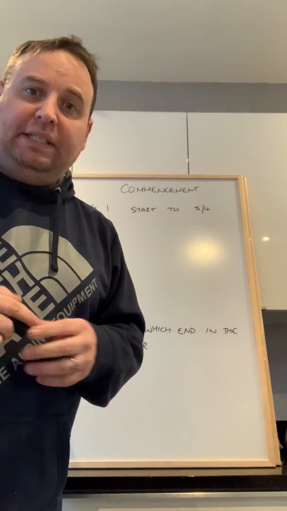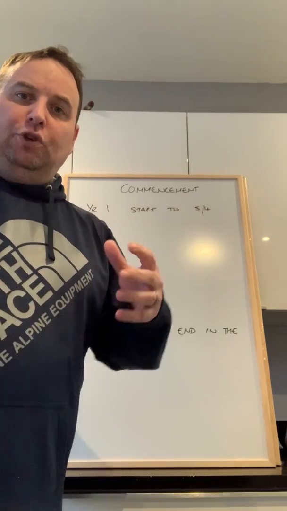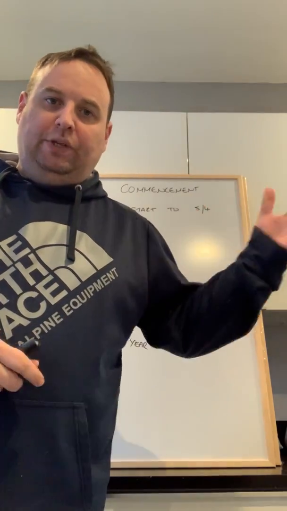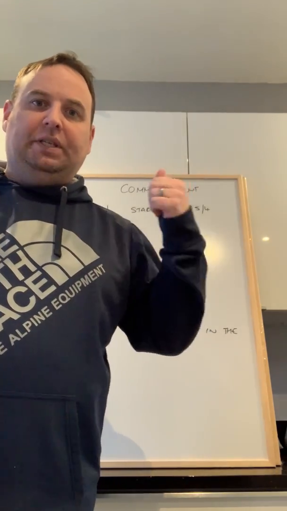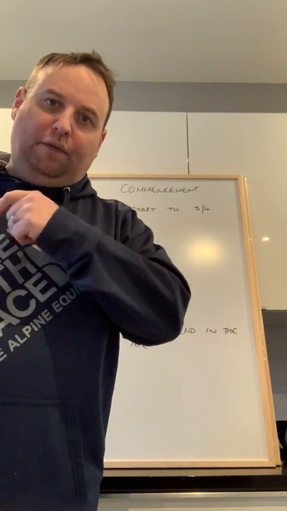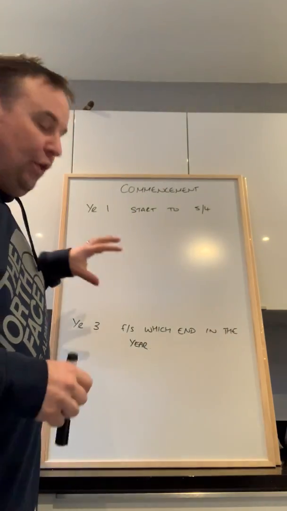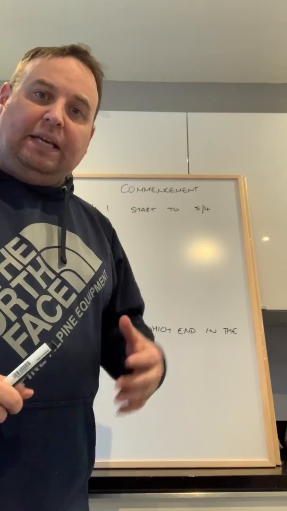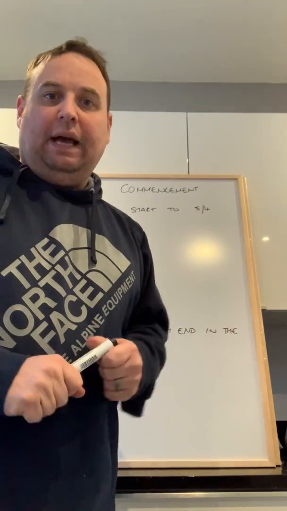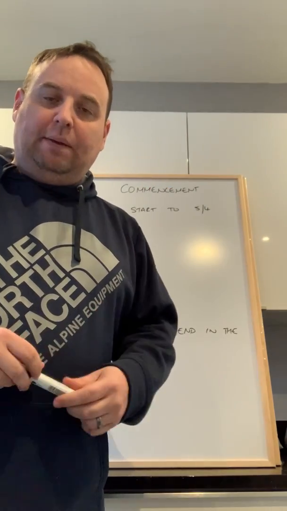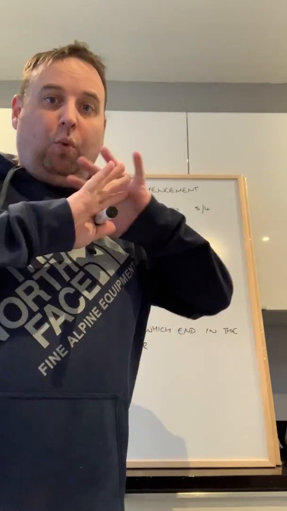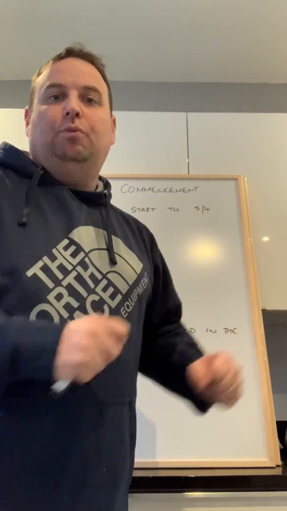So if your accounting date is the 30th of June and you were looking at this tax year that we're currently in, which is 1920, running from the 6th of April 2019 to the 5th of April 2020, the 30th of June 2019 is the accounting date which falls in that period. So those financial statements which are prepared for that 12 months, whatever is on those, that's what you put in.